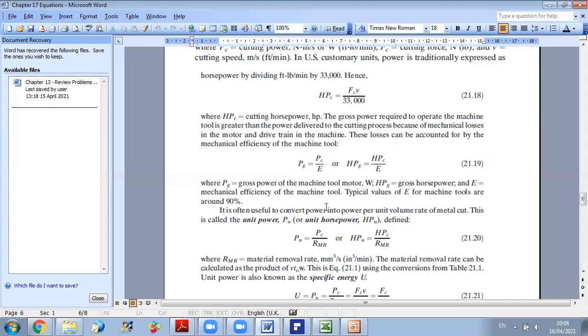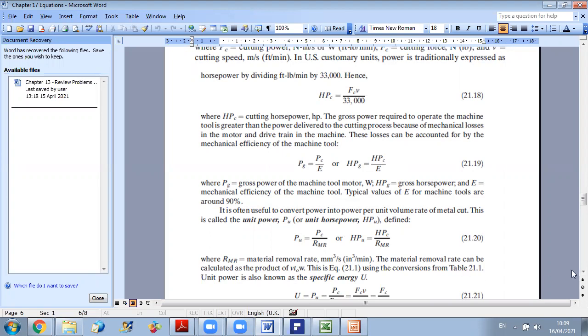So all you have to do in this case to get the unit power is to divide the cutting power by the removal rate. And for the removal rate calculation, we have seen last time how to find it. In case it's a turning operation, then you should have V times f, where f represents the feed, times d, which is the depth of cut.